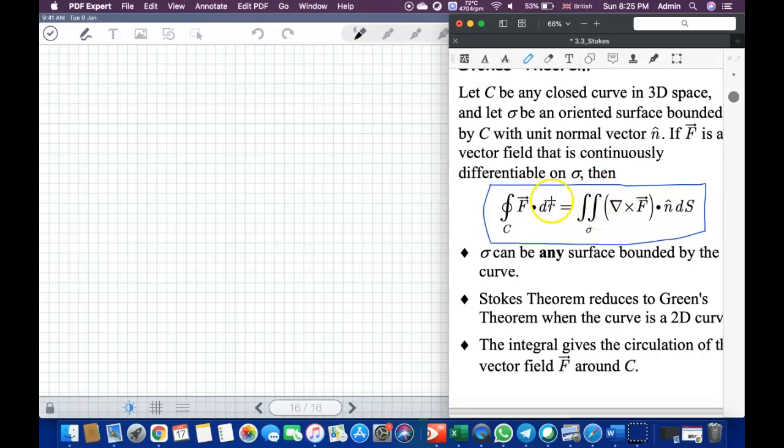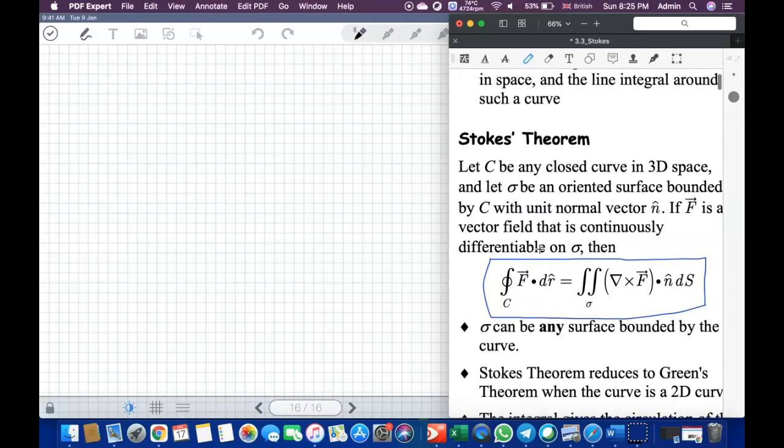Normally, if the instruction says using Stokes theorem, evaluate the line integral, it means that for you to calculate and show me the answer on the paper, you have to work on the formula on the right to obtain the left one. If the instruction says using Stokes theorem, compute the line integral, this one.